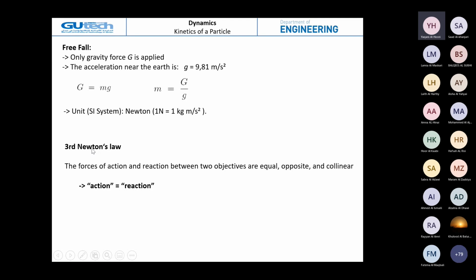There is the third Newton law. The forces of action and reaction between two objects are equal, opposite and collinear. You have seen this in mechanics. There is always an action and then there is a reaction. Like you have external forces and you want to determine the forces inside your mechanical system.